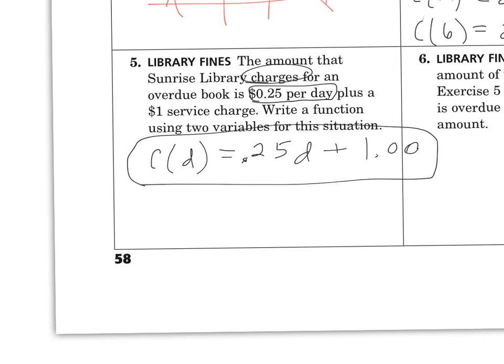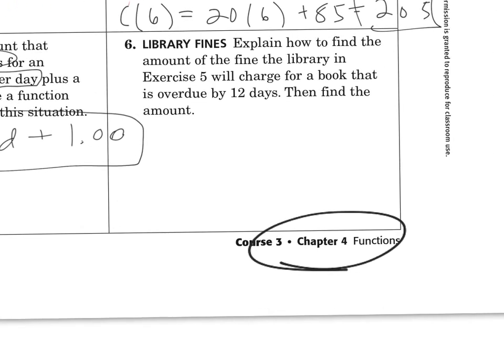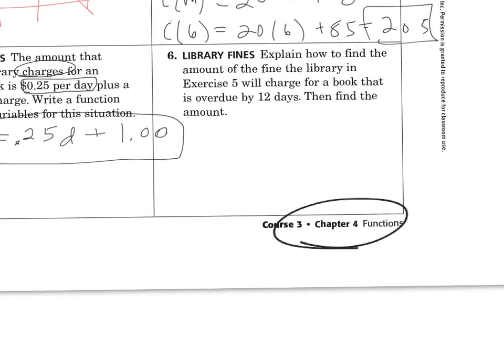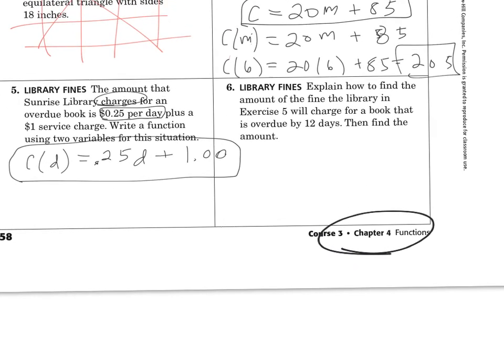Number 6. Library fines. Explain how to find the amount of the fine the library in exercise 5 will charge for a book that is overdue by 12 days. Okay. So what we're going to do then is the charge is going to be based upon 12 days late, and that's going to be 0.25 times 12 plus $1.